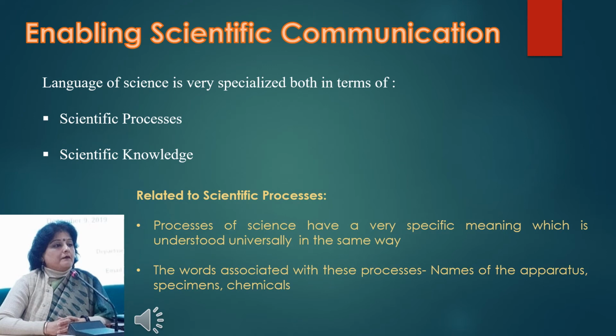Now, we have already seen that scientific processes have a very specific meaning, which is universally understood in the same way. Also, the words associated with these processes, whether it's the name of an apparatus or a specimen or a chemical, are very, very specific.